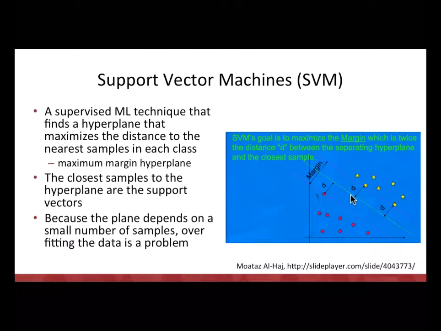So the reason this is called a support vector machine is both its strength and its weakness. See these points here? This one's labeled X1. I'm sorry, this one's the little red one and the little stars. Those are the points that are closest to the margin. And remember, each point is a vector in space, right?